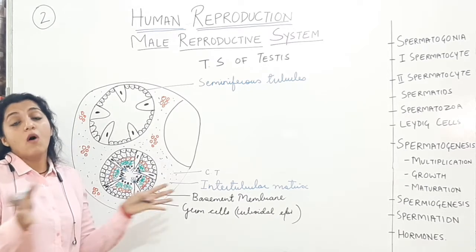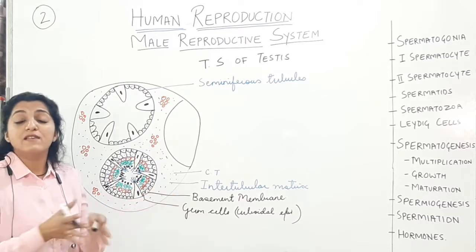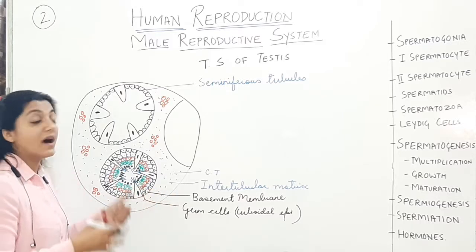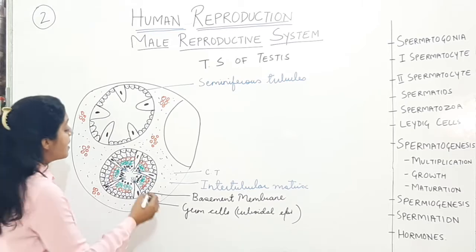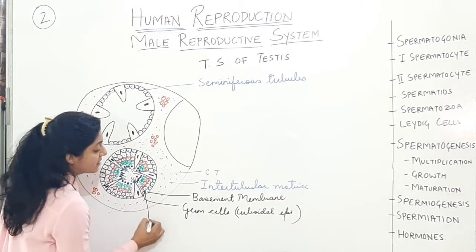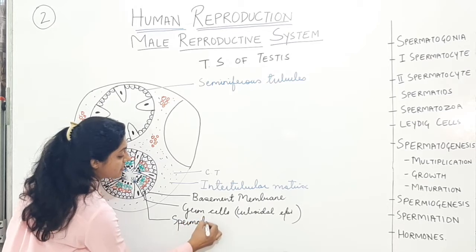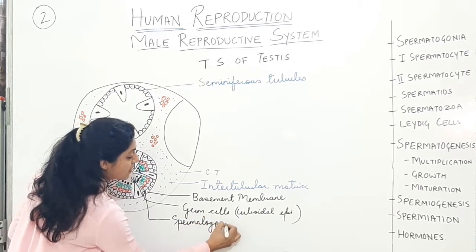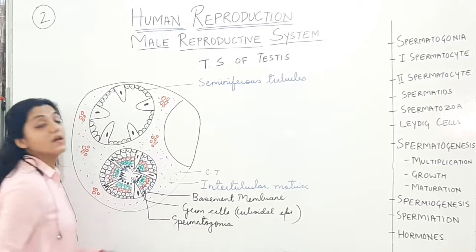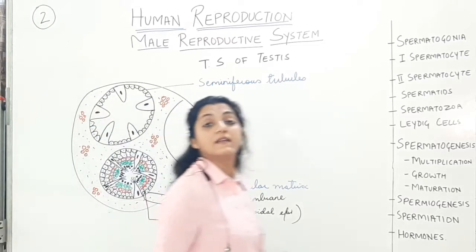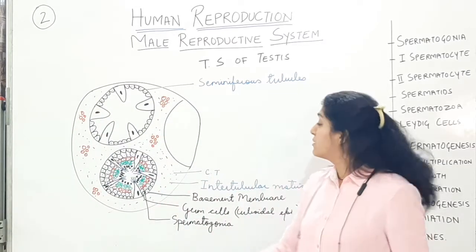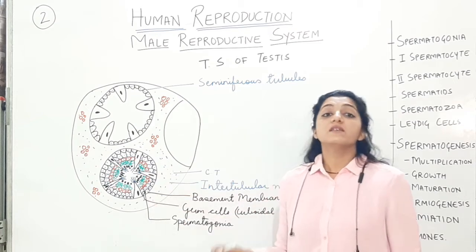These undergo multiplication. They multiply so many times to produce other cells of the same type, which are now called, this second layer is the spermatogonia. Okay, so germ cells divide, multiply many times to produce spermatogonia.